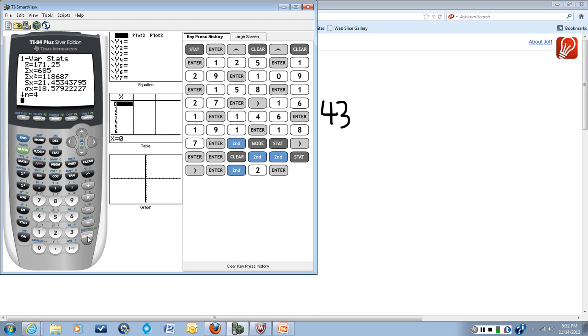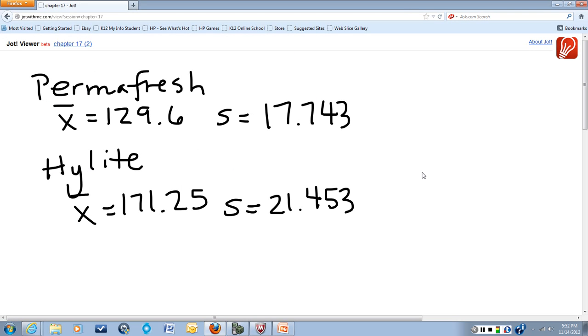And from that, I will get an X bar of 171.25 and an S of 21.453. That's the first part of the problem. It asked me to find the mean and standard deviation for Permafresh and the mean and standard deviation for Highlight.